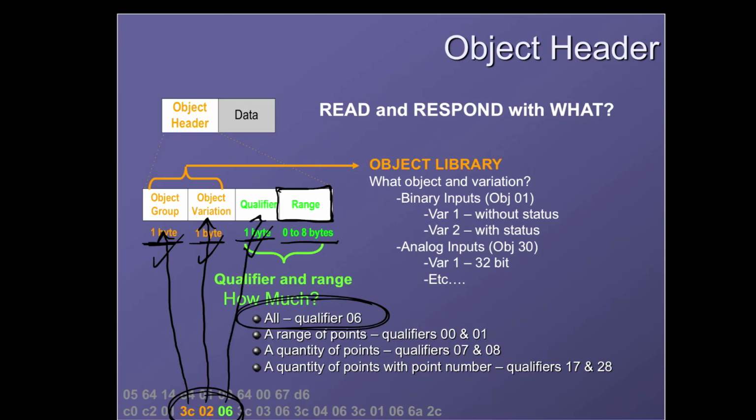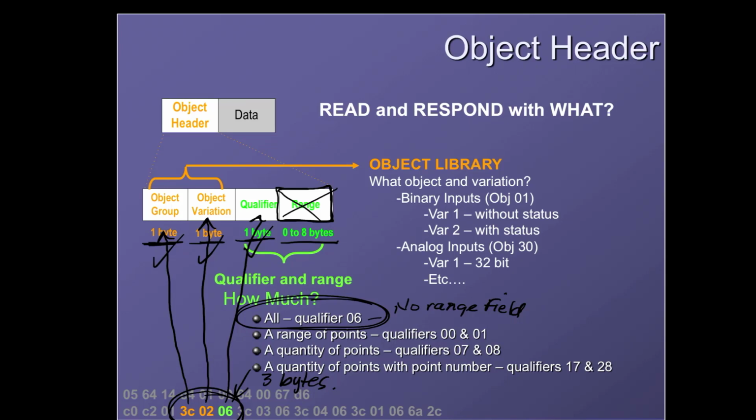Now, because I said for qualifier 06 there is no range field, that means there is no more of the object header to deal with, and you've only got a 3 byte object header like what we see here. This is only 3 bytes. Once we start looking at examples, hopefully that'll make a little more sense.